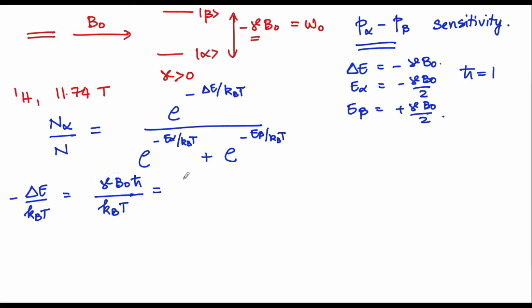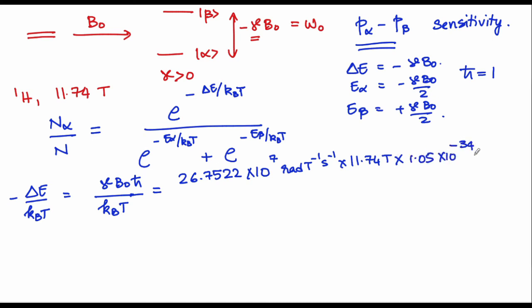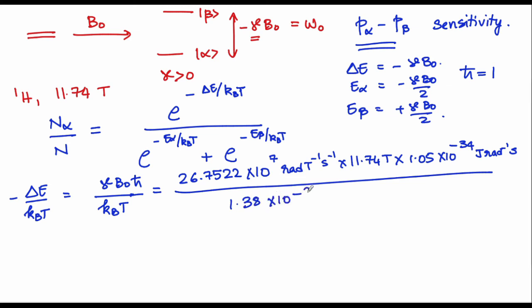So let us calculate this. 26.75 into 10 to the power of 7 radian per Tesla per second times 11.74 Tesla times 1.05 into 10 power minus 34, the whole divided by 1.38 into 10 to the power of minus 23 joule per Kelvin times, let's try to do this at 298 Kelvin.